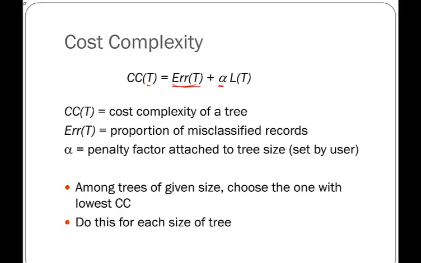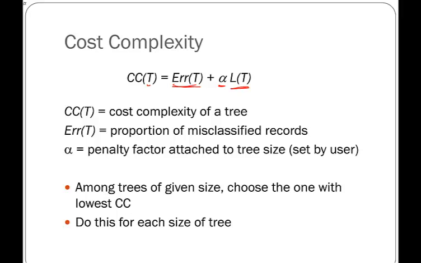So we have alpha times L of T, where L of T is the size of the tree and alpha is the factor that says how big the penalty is. So for a tree of a given size, we want to choose the one with the lowest cost of complexity, and we want to then do this for each size of the tree. This is the underlying idea with CART.